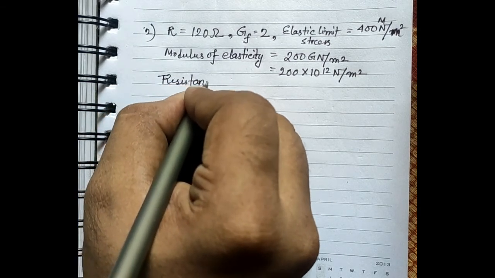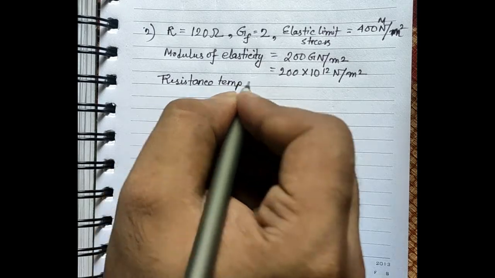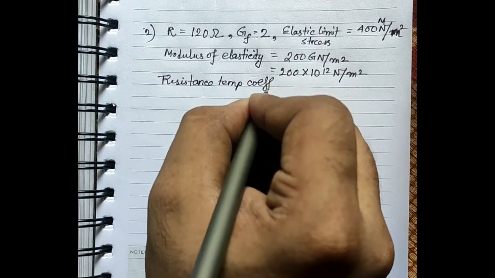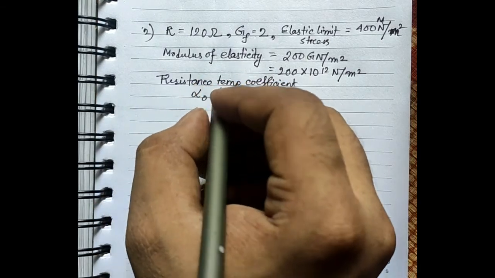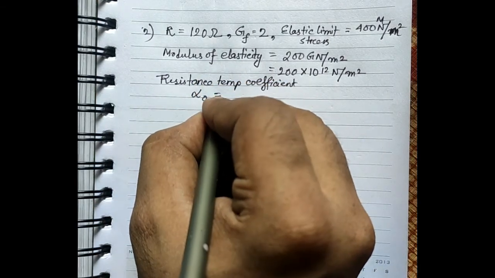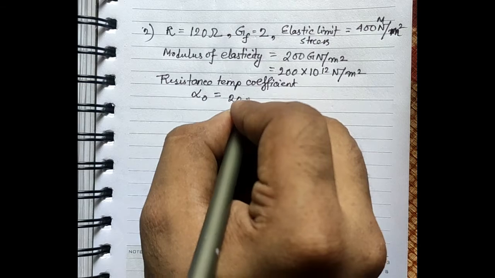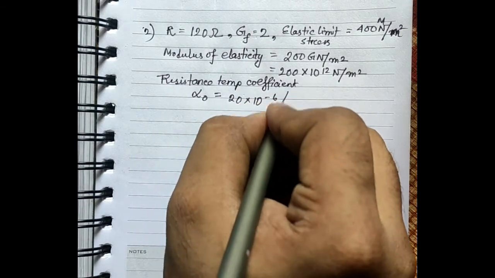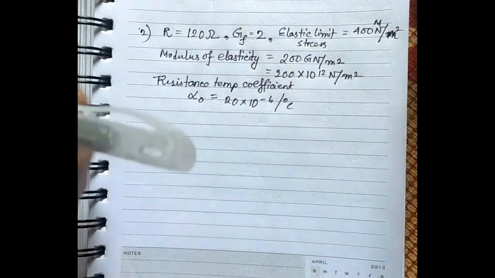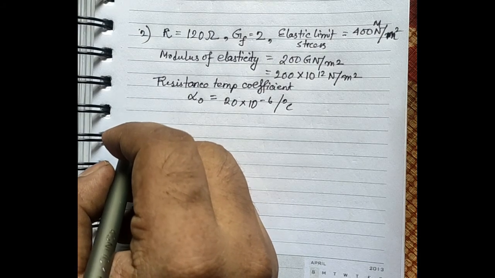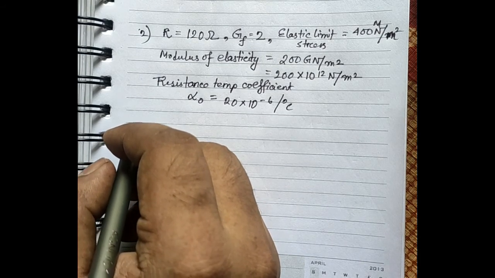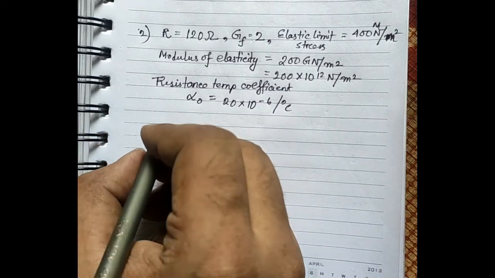The resistance temperature coefficient, alpha 0, is given as 20 into 10 to the power minus 6 per degree centigrade. So what we need to find out is the change in resistance, and that means we have to find out the change in resistance in two cases.